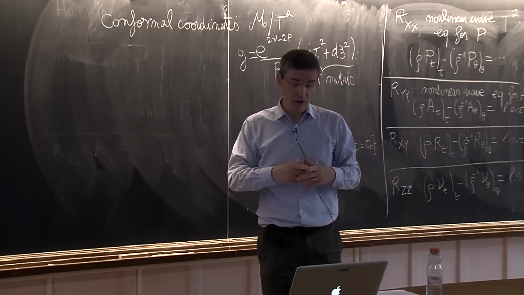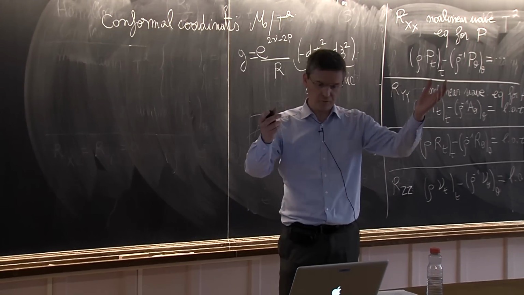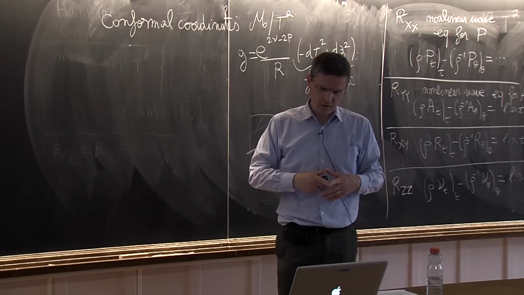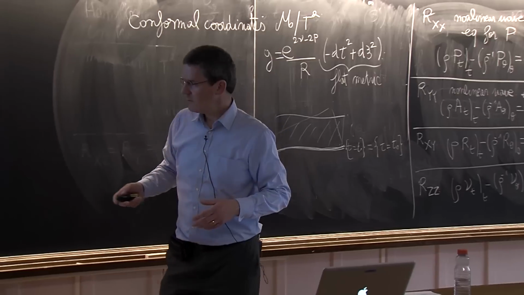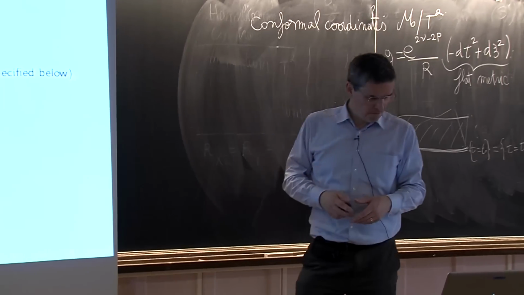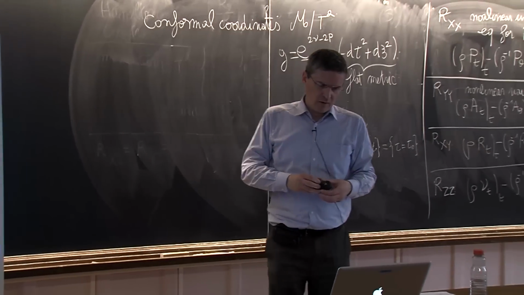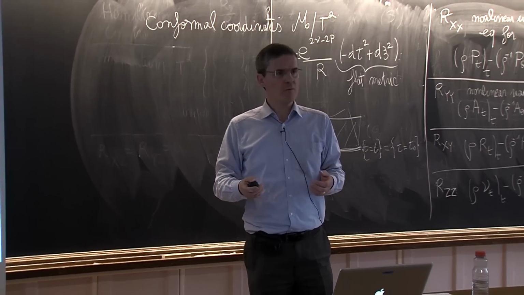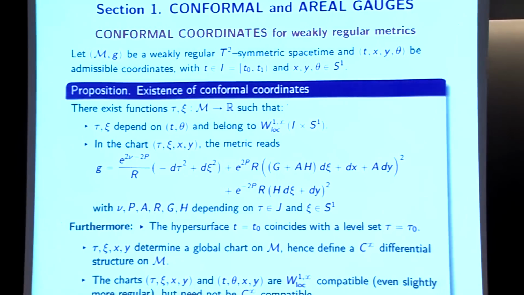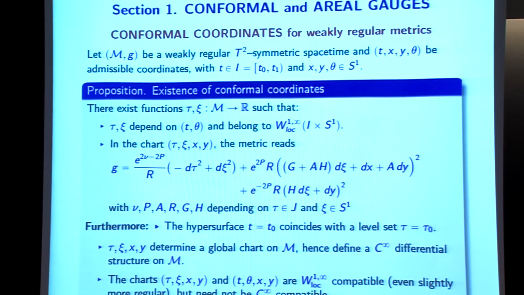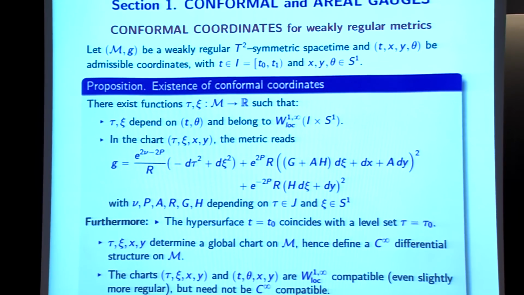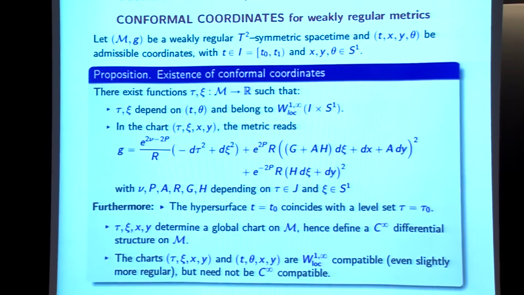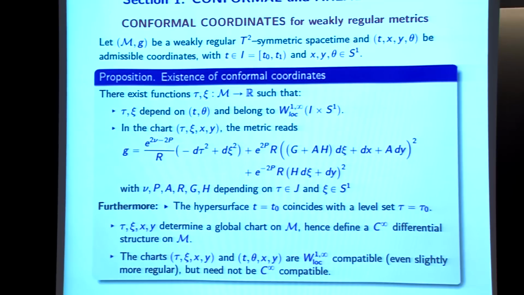It has a limited regularity. That's expected, right? Because our metric has a limited regularity. So I need to discuss that a little bit more to convince you that this is possible, and that this is possible at the level of regularity that we are working on.